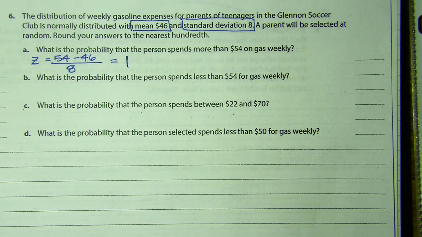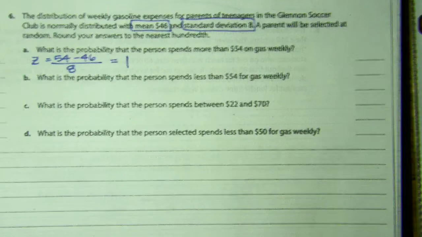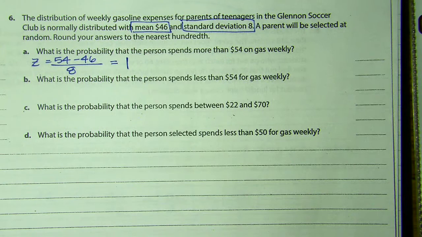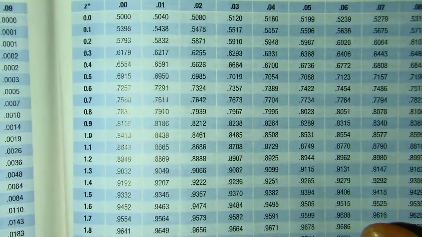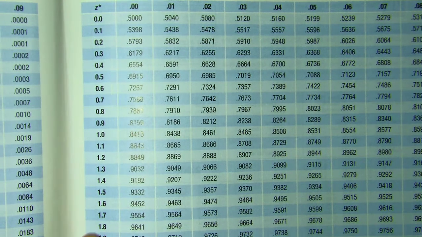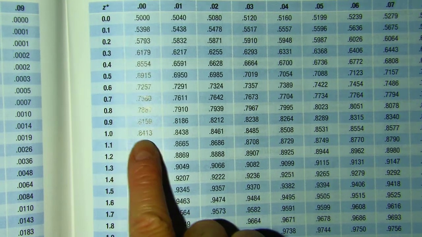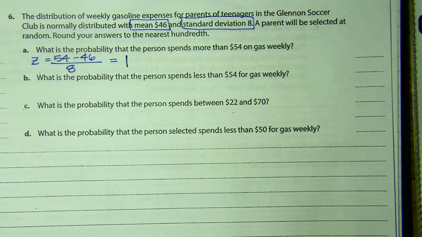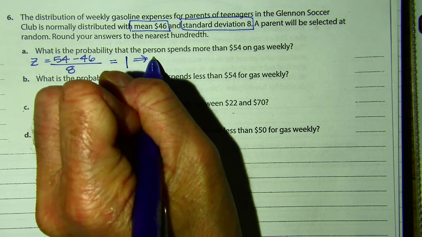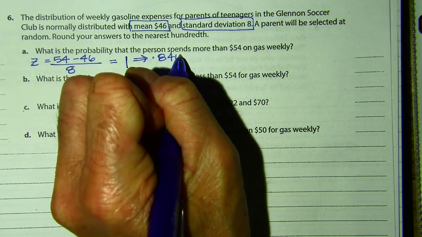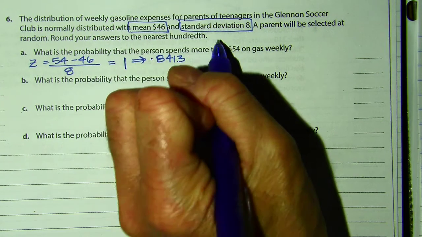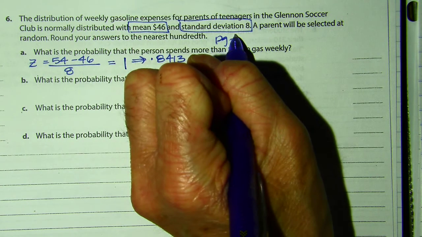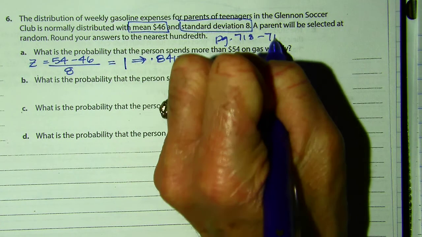So using your book, go to page 718, and I'm looking for 1.0. And here's 0.8413. 0.8413. And so remember, I'm on page 718 and 719.